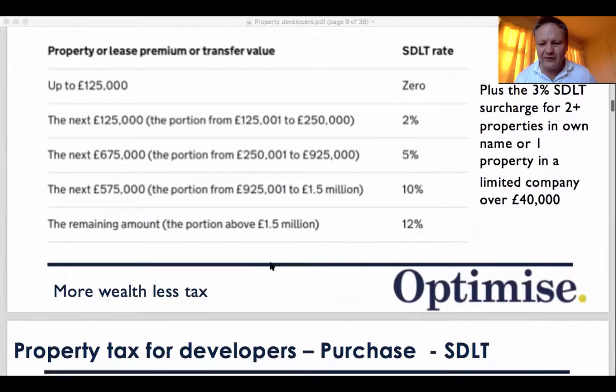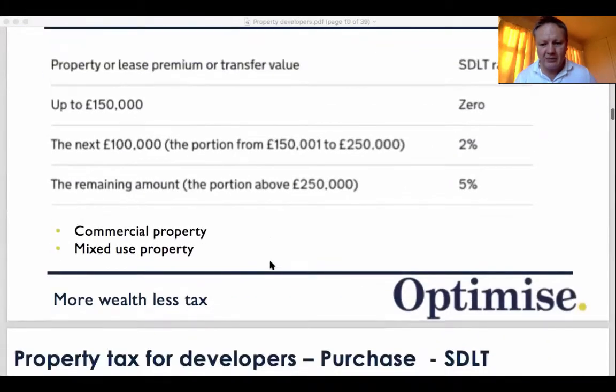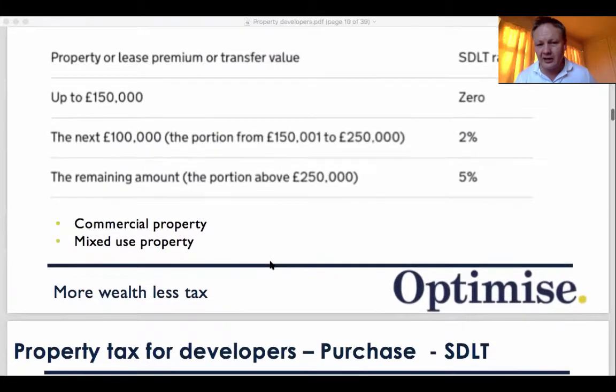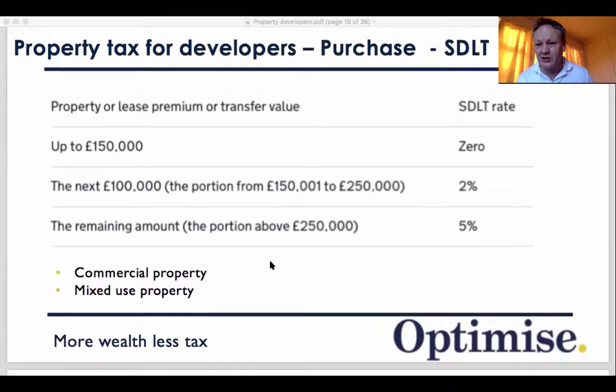So you're comparing 15% on a residential property over 1.5 million to 5% on a commercial property, which means you are in effect saving about 10% SDLT on property acquisitions, given the difference between residential and commercial, or indeed mixed use.